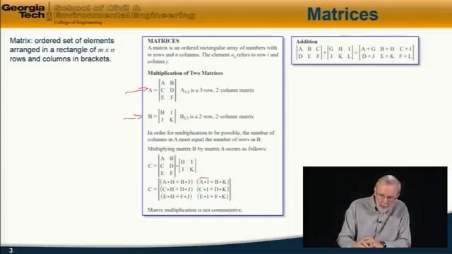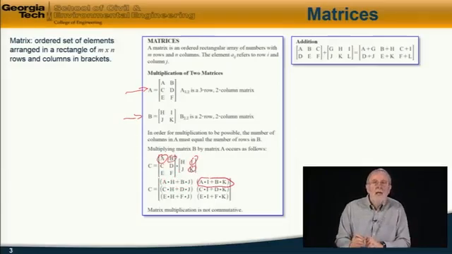And the second one here is A times I plus B times K, etc. These are the rules for multiplying matrices together.